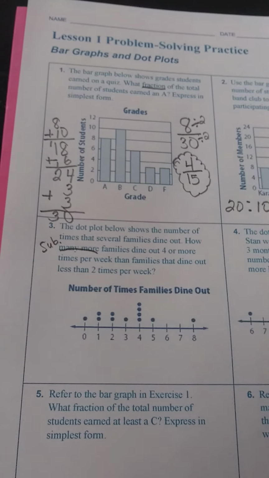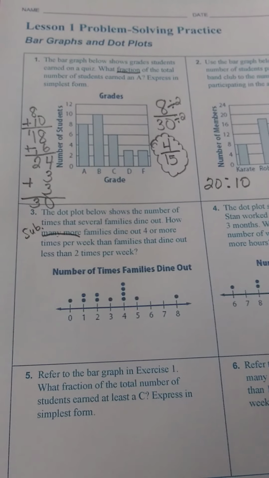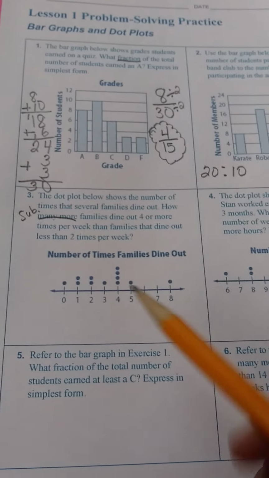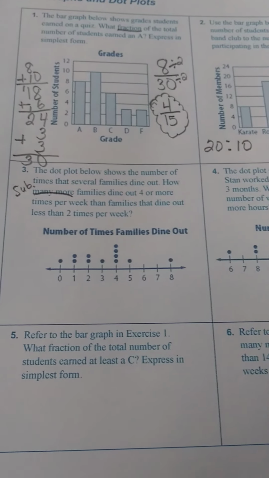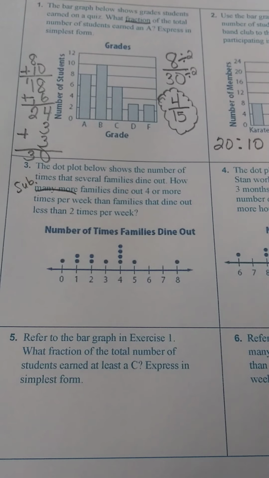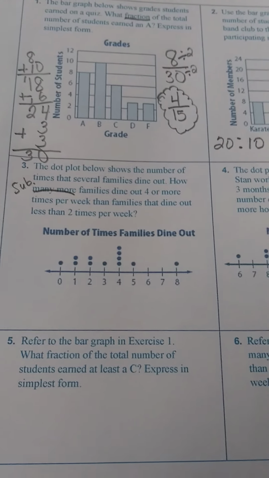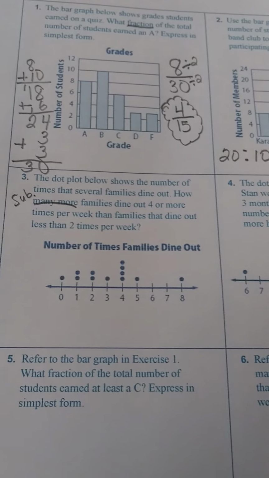Before we subtract, we have to find out how many families dined out 4 or more times. Now here, this is not a bar graph. This is a dot plot. Just like the bar graphs, I also explained to you how to read and gather information from a dot plot in the instructional video. If you still don't understand or you forgot, go take a look at the instructional video.